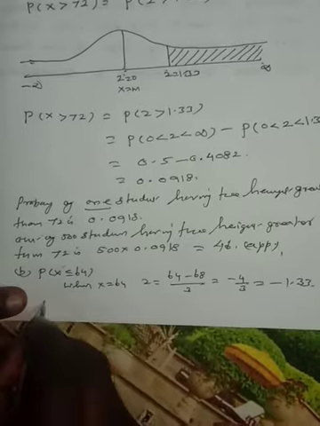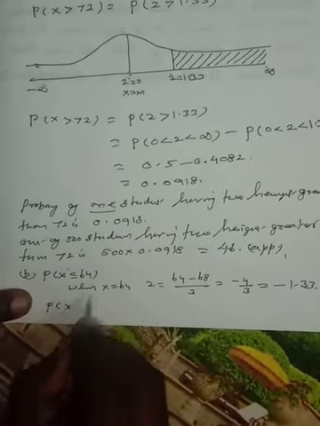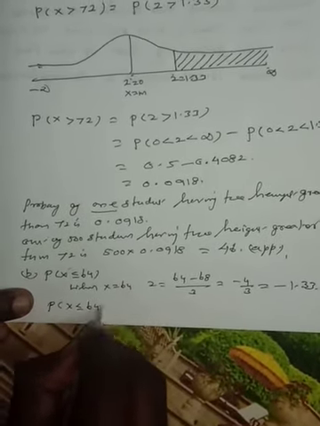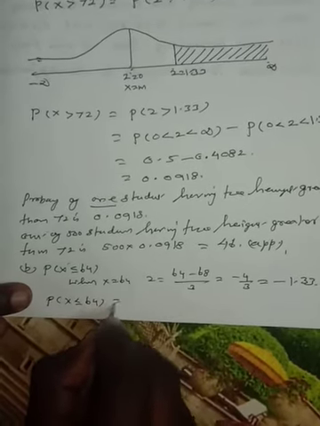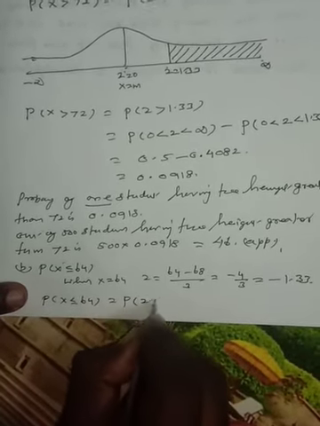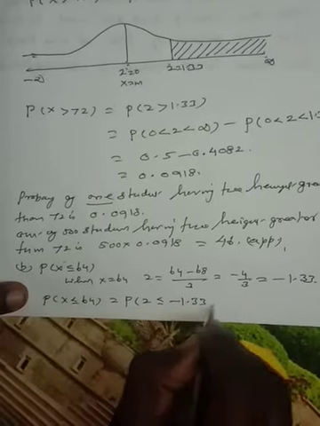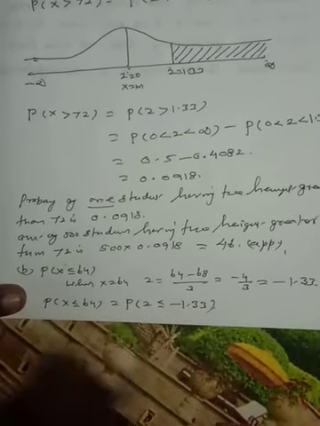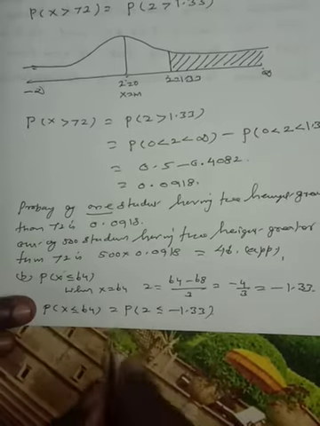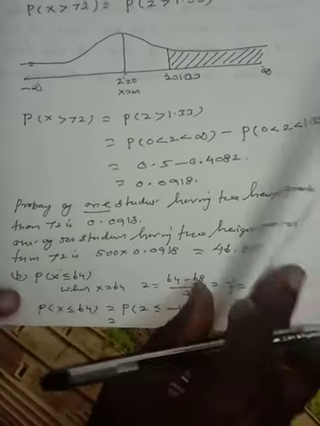Next, the probability of x less than or equal to 64 in terms of the normal variate is the probability of z less than or equal to minus 1.33. This minus 1.33 can be written in the form of a diagram first.